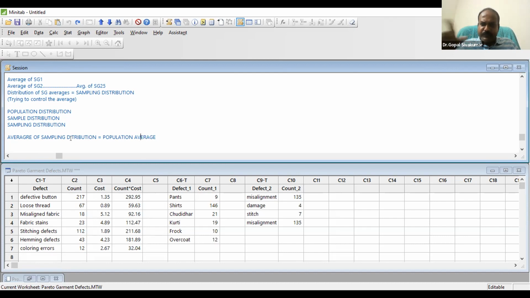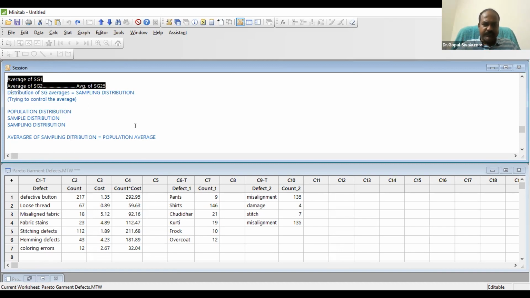What is sampling distribution? Every point is an average. Am I right? Sampling distribution, every point is an average. You see here, 25 averages you visualized, and the resulting distribution is called the sampling distribution.